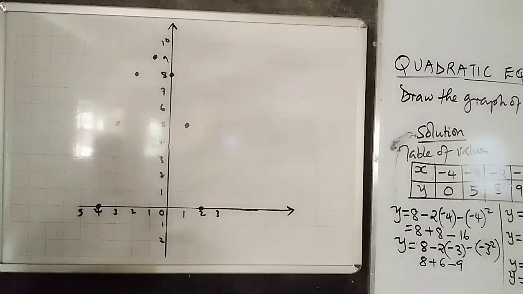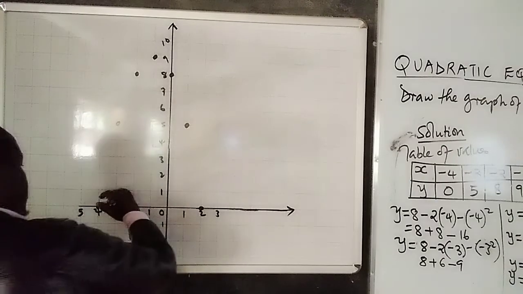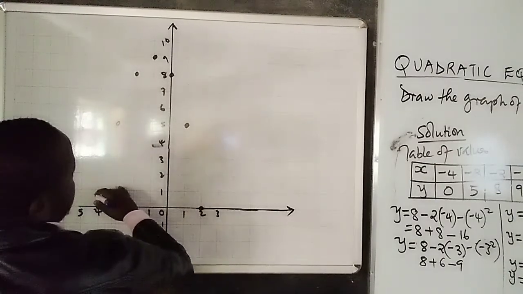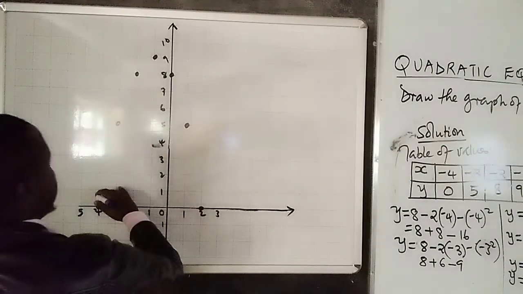You can check they are suggesting a smooth curve. Therefore, we join them smoothly so that we may get the curve. Joining them, we shall come up with a curve of this nature.